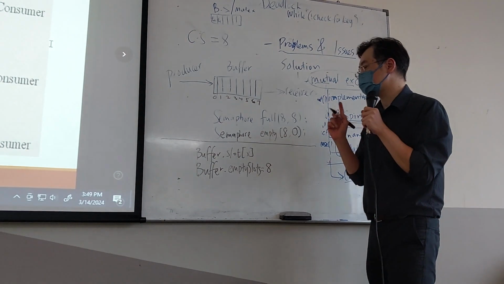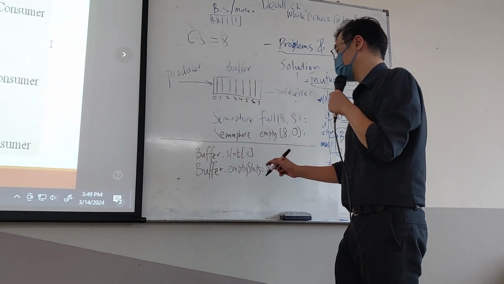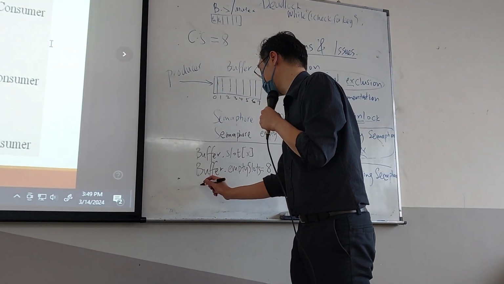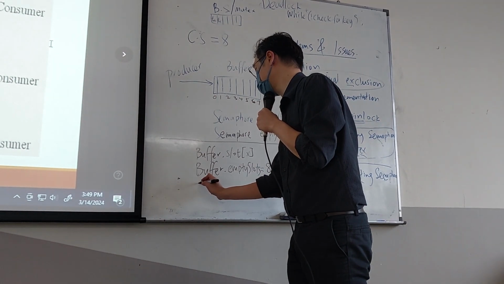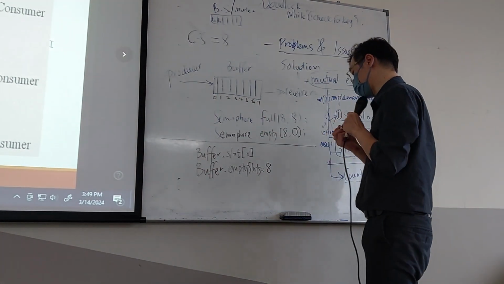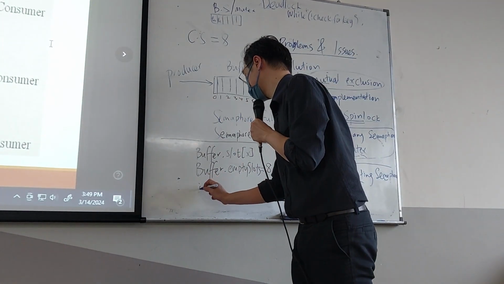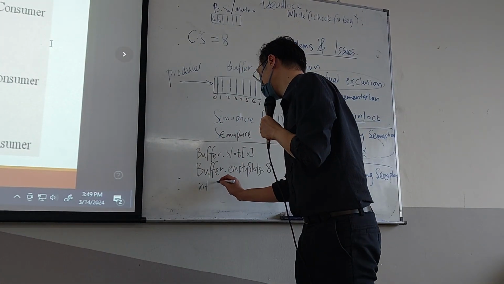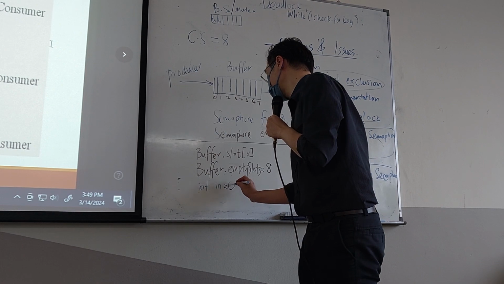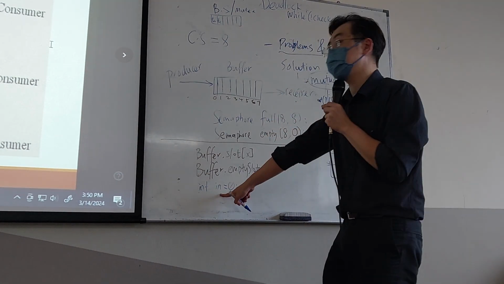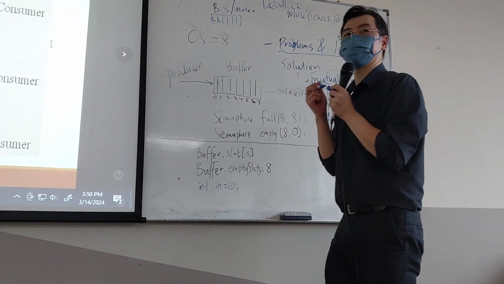Okay, and we also need something else. We need this in and out. Let's call them integers: index in, index out. This in, we start with 0, and this in variable is used by the producer.